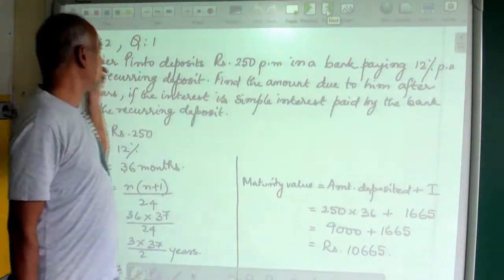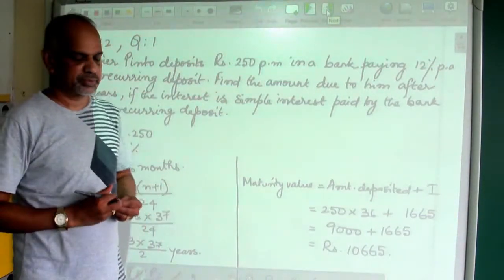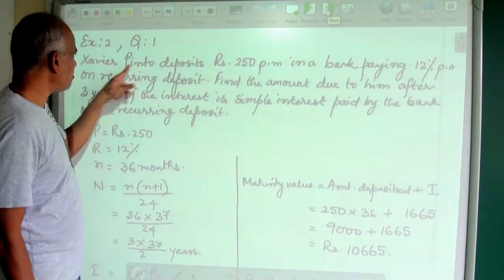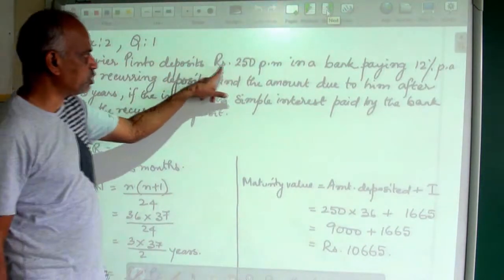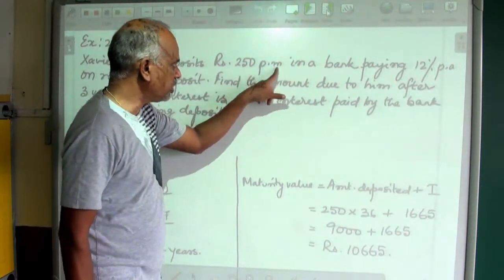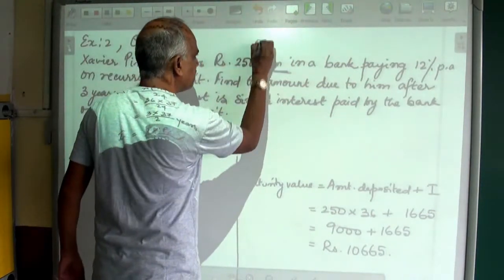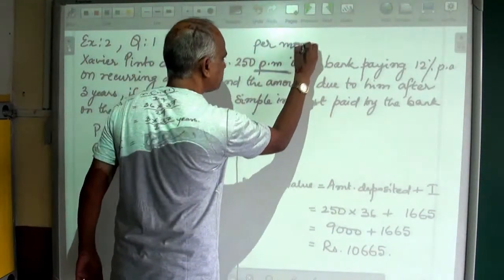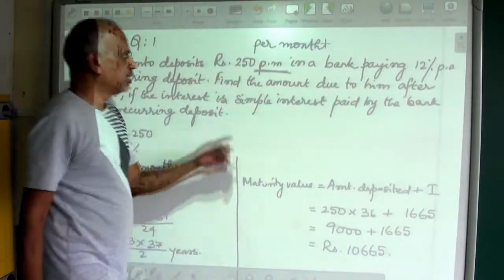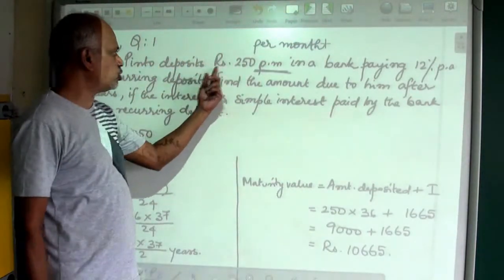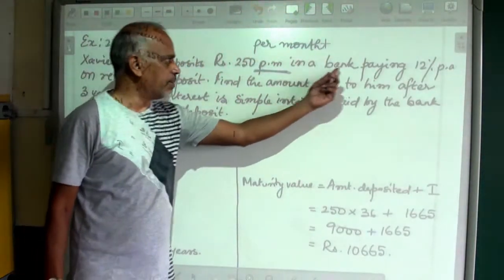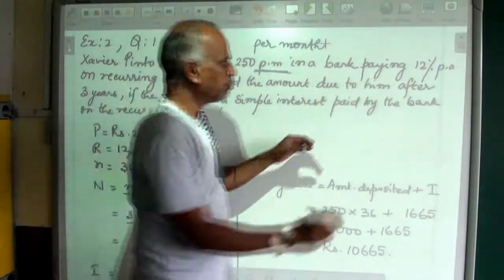This is from exercise 2, question number 1. The question is, Xavier Pinto deposits rupees 250 PM. PM stands for per month. So he deposits rupees 250 per month in a bank paying 12% PA.